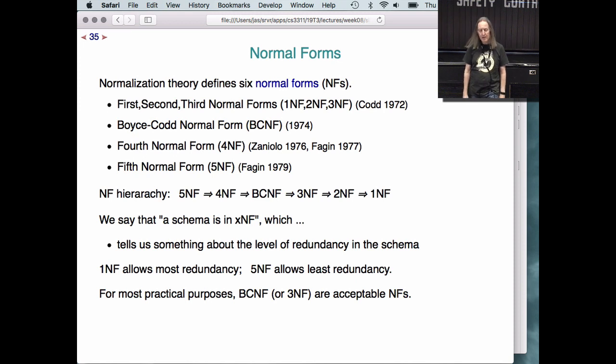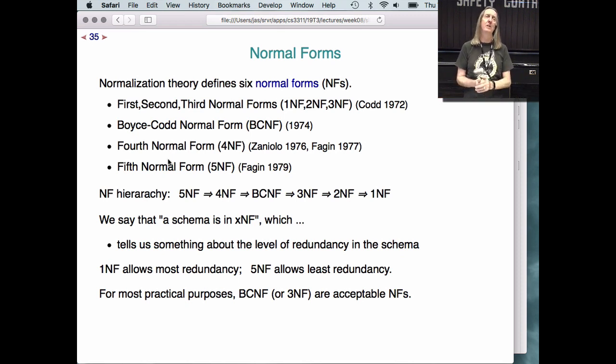Right, so they talk about 6 different normal forms, and who knows, someone might have come up with another one in the last few years. First, second, third normal form. Sort of low-level structural things. There's a definition of what they are on the next slide. Boyce-Codd normal form, similarly, is kind of similar to third normal form, and then we've got fourth and fifth normal form, which we don't normally worry about, but they exist.